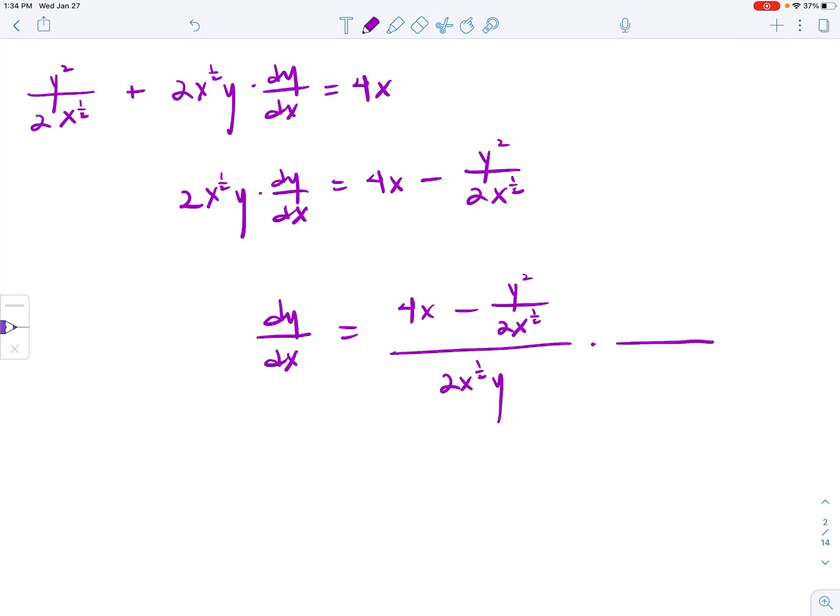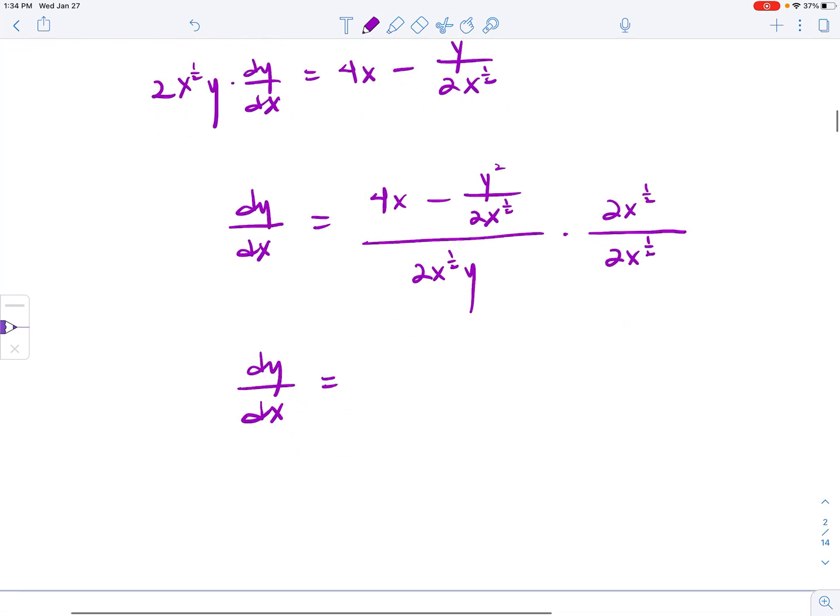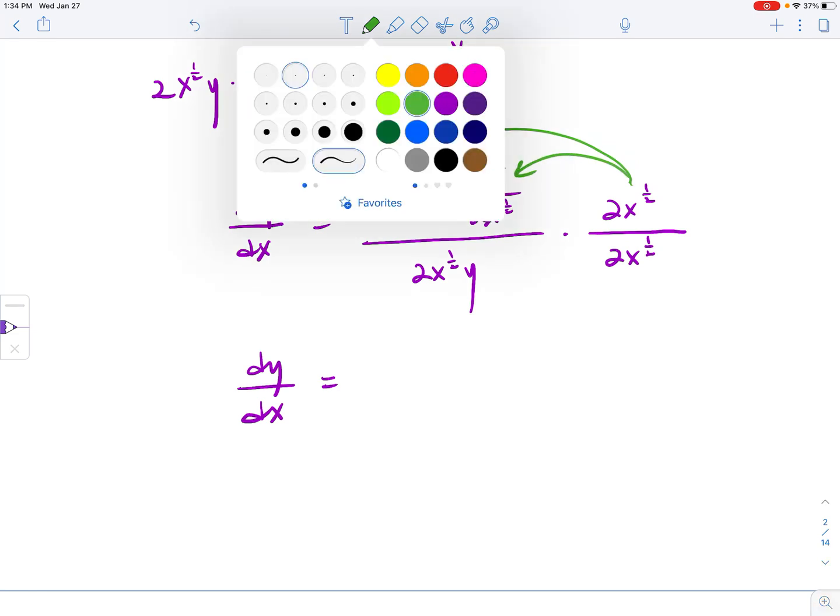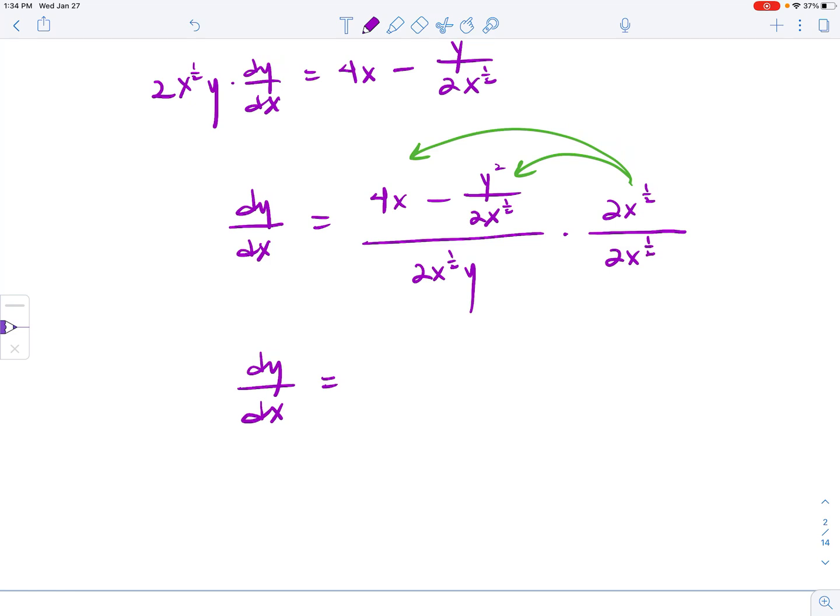And we're almost done, but we do want to get rid of that complex fraction. So I'm going to multiply by 2x to the 1/2 over itself in order to get rid of that complex fraction that's in the numerator.